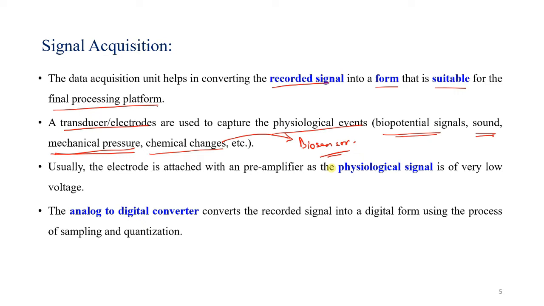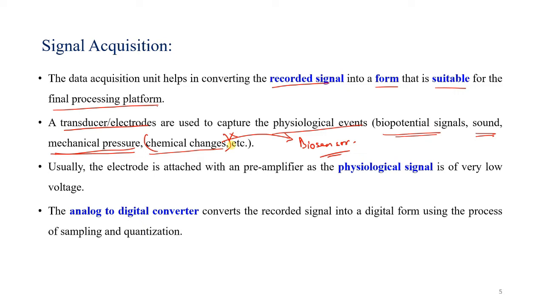Over there, we do not use biosensors, but normal electronic transducers or sensors which help in sensing the ethanol concentration in the volunteer's body. Most of these chemical changes are basically out of the purview of our course, so we will not be discussing chemical sensing much.